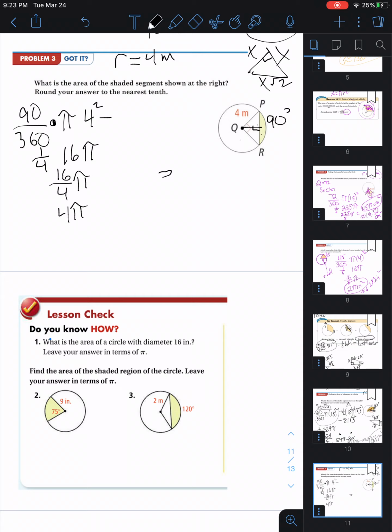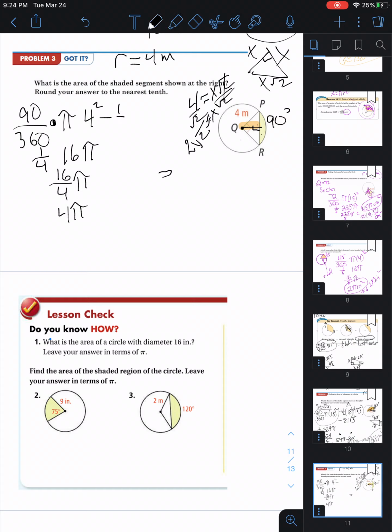So 4 is equal to x rad 2. I want to find x, so I divide by rad 2, and x is 4 over rad 2. If you multiply by rad 2 over rad 2, you'd get 4 rad 2 over 2, which is 2 rad 2. And 2 rad 2 is going to be my x. That's my height.